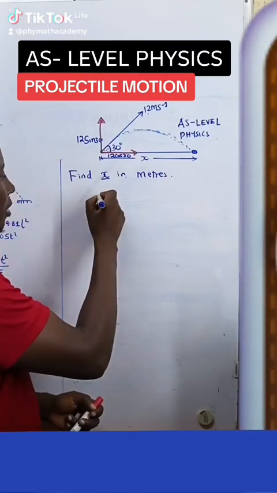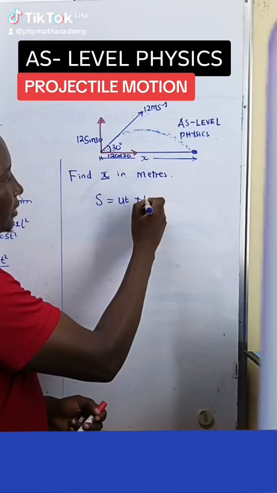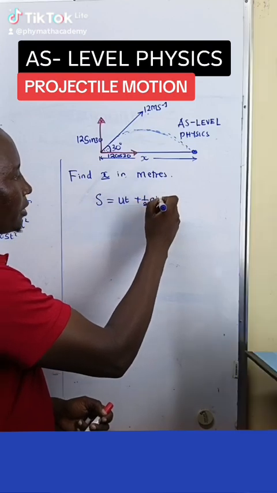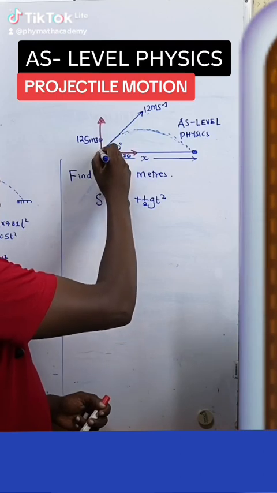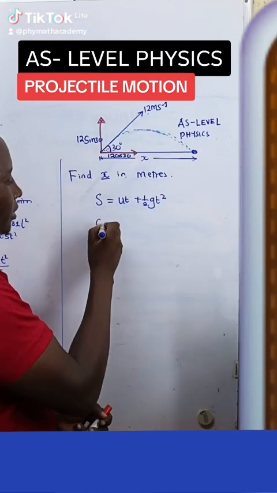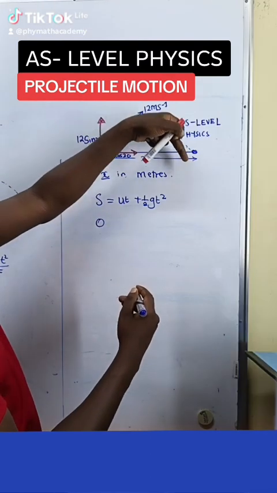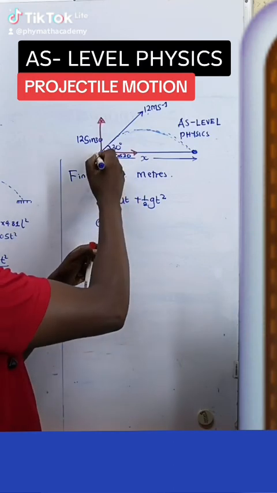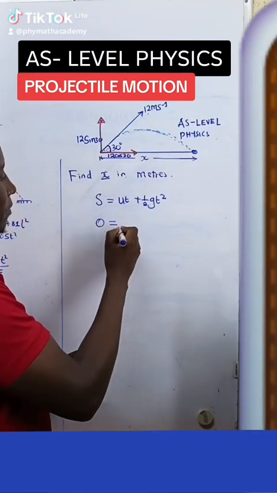So we can use the formula s equals ut plus a half gt squared, where g is the acceleration, and s is the displacement. If this object moves from here to this point, the displacement will still be 0, because it will move to the highest point, then come back to the same height, which is along this line. So the displacement is going to be 0.